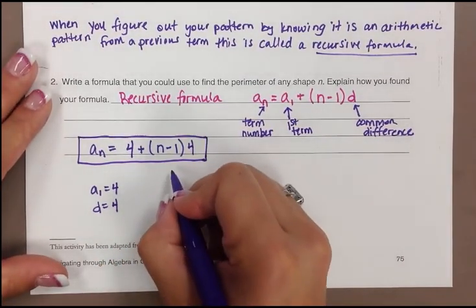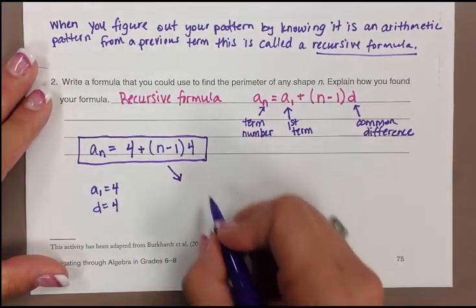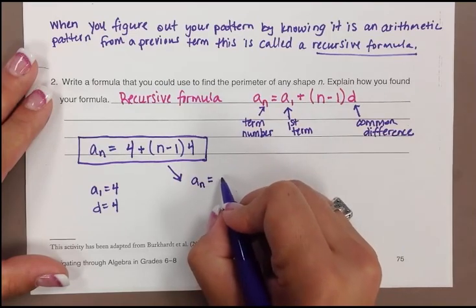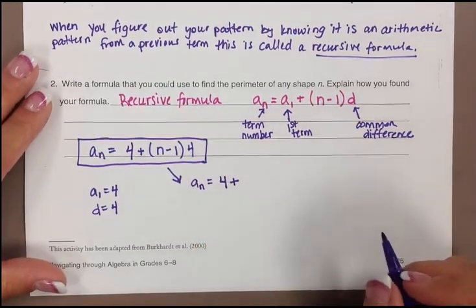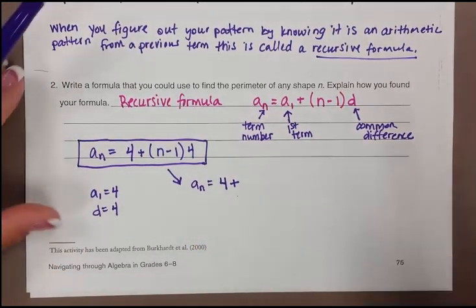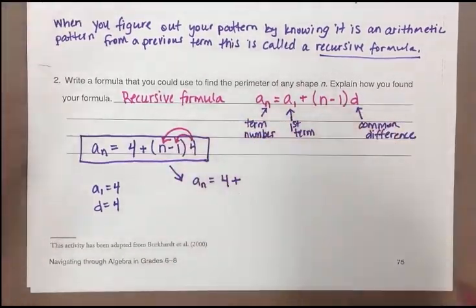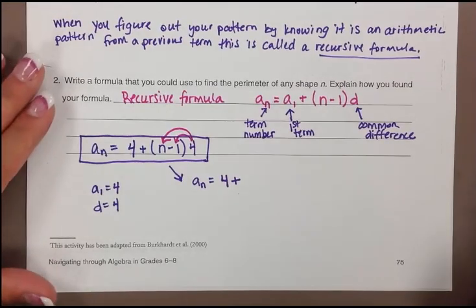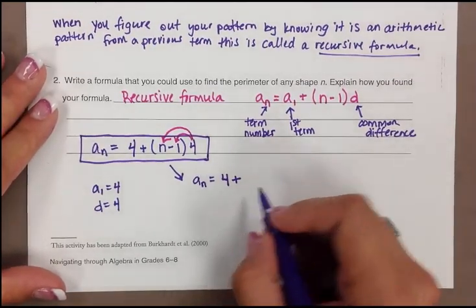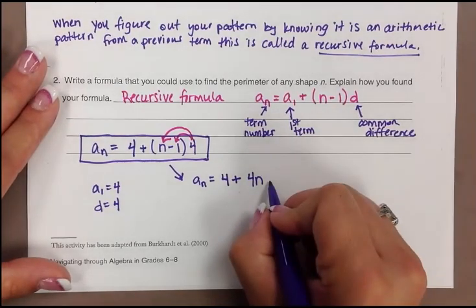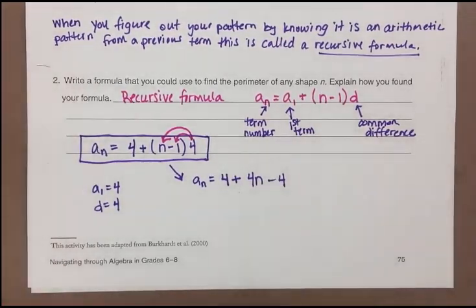So we can simplify this using the distributive property. So we have a sub n equal to 4 plus, and using our distributive property on this formula, we're going to multiply 4 times n and 4 times negative 1. So we have 4 plus 4n, 4 times n is 4n, 4 times negative 1 will be negative 4.